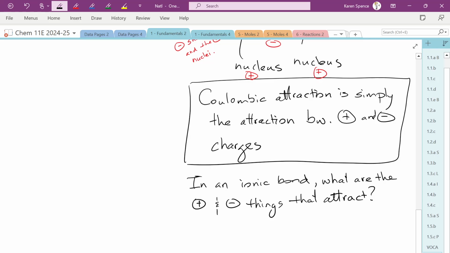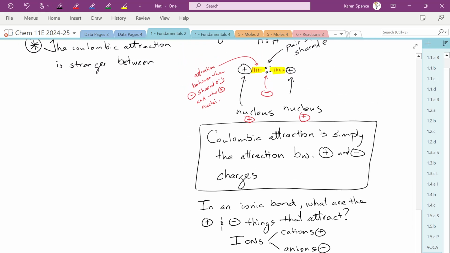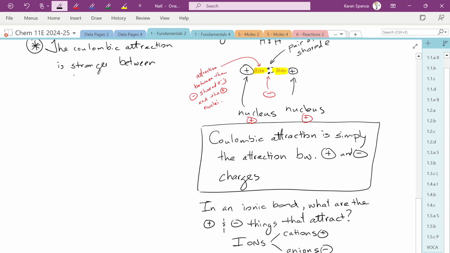Cations and anions. Okay, I wanted to finish this sentence up here before I forget that we actually wrote it. So the coulombic attraction, when we had the oil with the water, is stronger between the ions than between the ions and the oil.